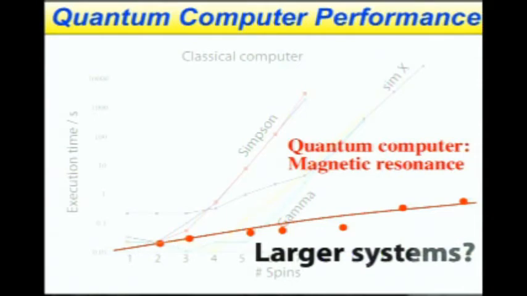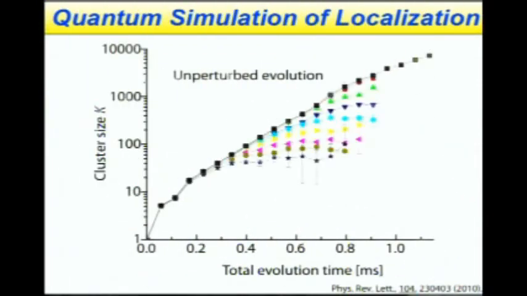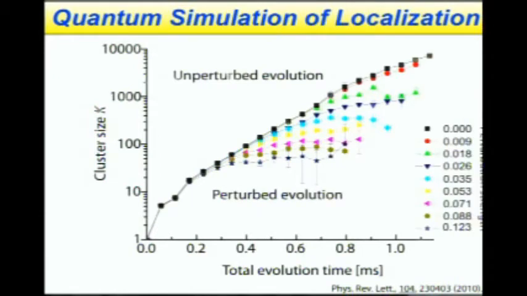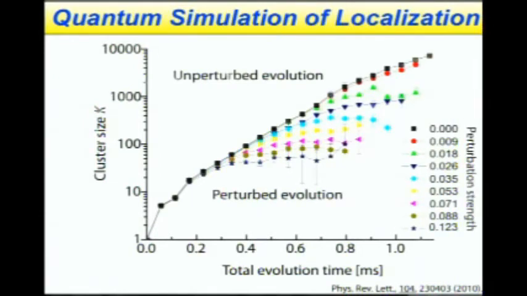Still, this is a limited size, but you can get to larger systems, and I show you one example here. This is a quantum simulation, so it's a simulation of a quantum mechanical system. It's about localization, so it's sort of similar to an Anderson type model, where we wanted to see how information spreads in a coupled network.